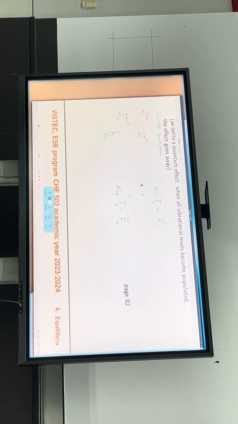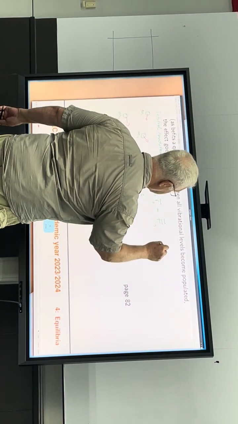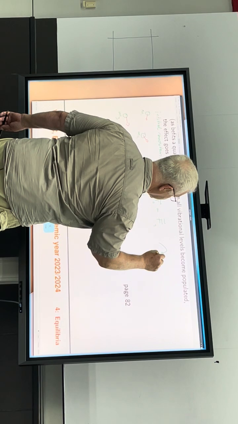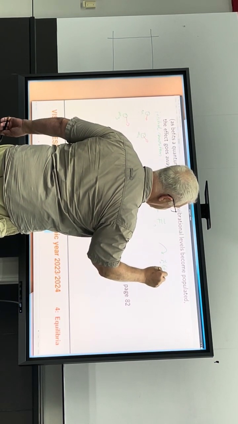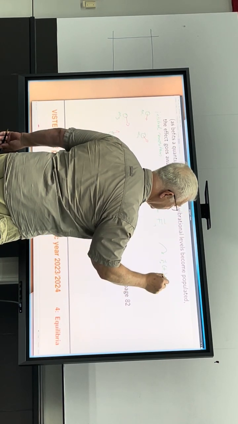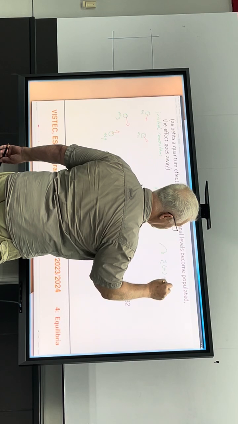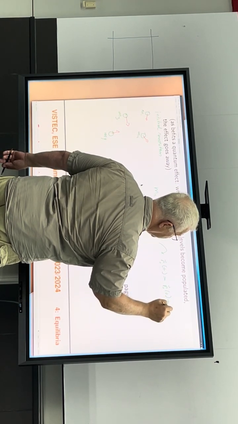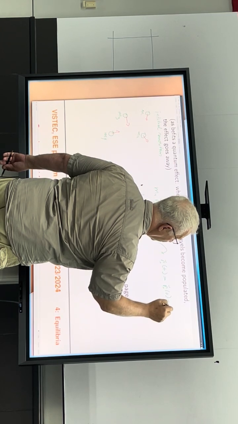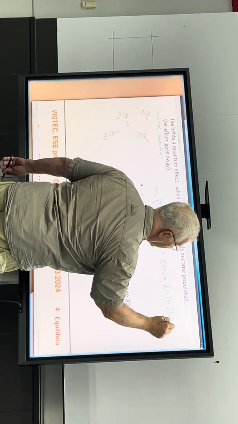With some mathematical trickery, if we know force number 1, we can say R1 of t equal something, I don't know, equal R1 maybe of 0 plus V1 of 0 times t plus something.